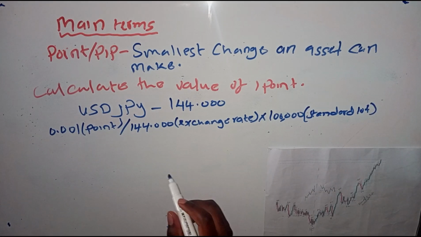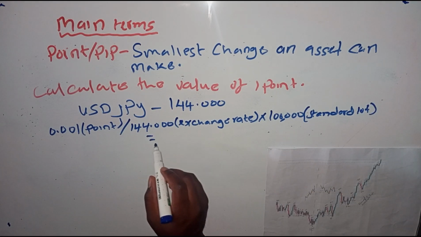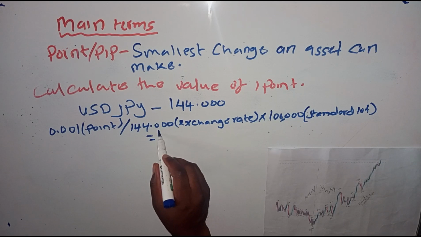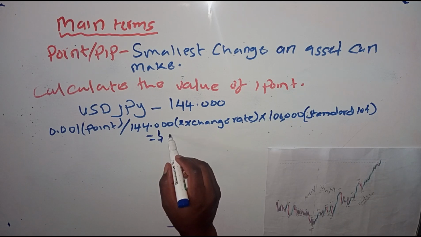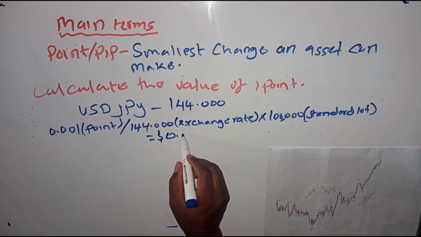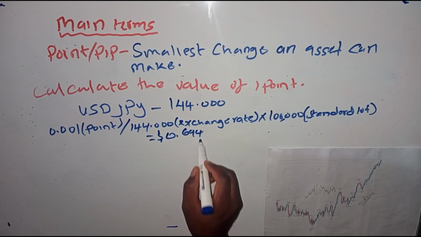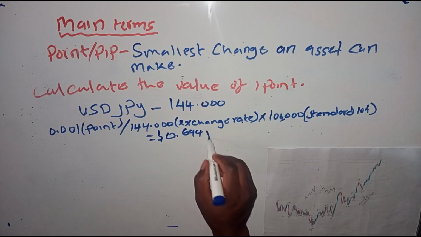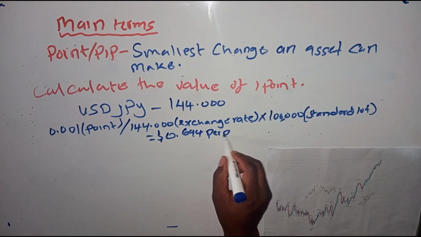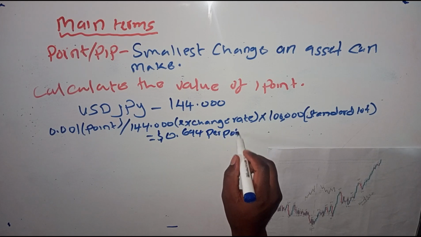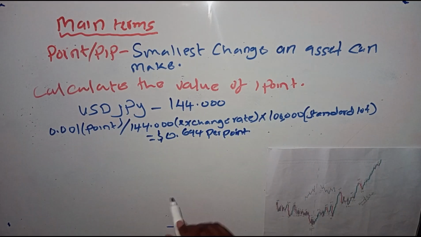That gives us 0.694 per point. For every 1 pip, you get 0.694.